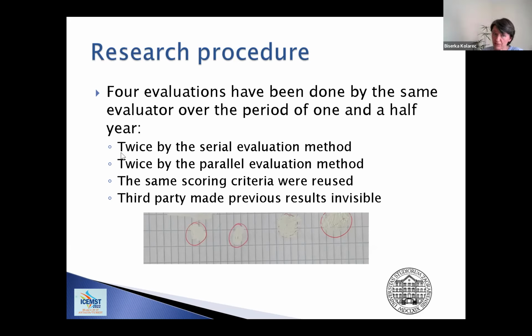So we had 4 evaluations over a period of 1.5 years. Twice by the serial evaluation method, twice by the parallel evaluation method. There was sufficient time left in between the evaluations to make sure that the evaluator does not recall any previous evaluation. And since all the previous results were invisible, here you can see on this picture those empty circles, which witness removal of old scoring.